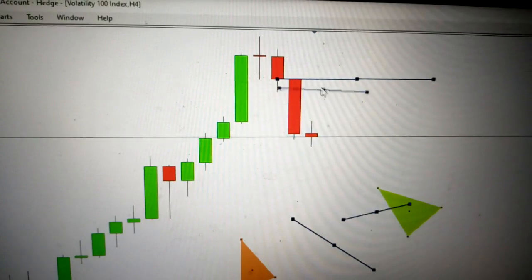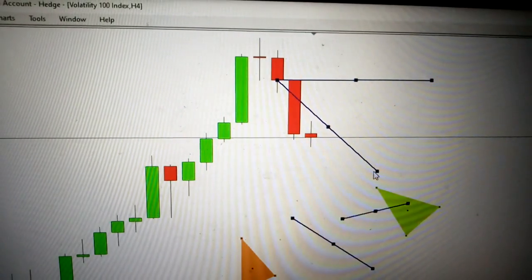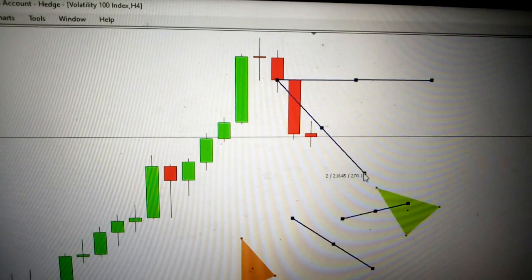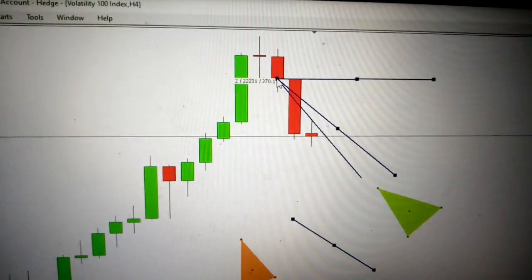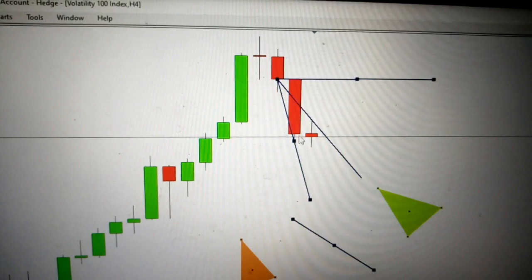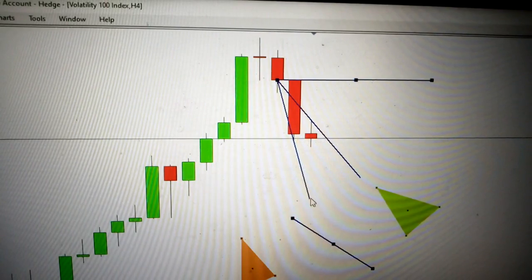And then I'll also pan it out from the closing price of the second last candle to the middle of this first last candle, to have something like this. Then I'll pan out from the closing price of the second last candle to the low point of this first last candle, and that's that.